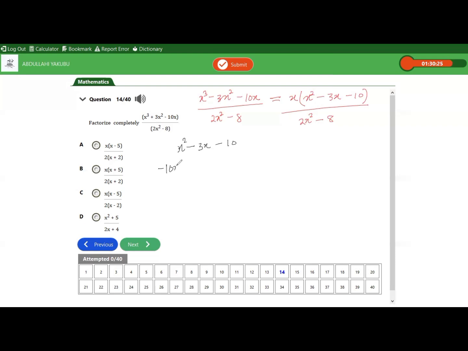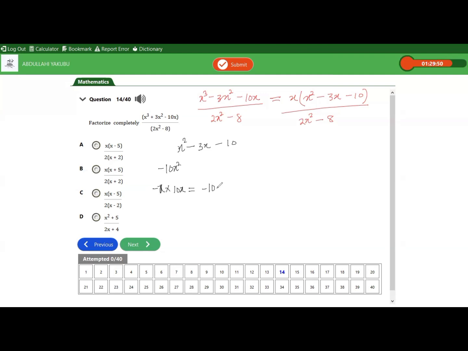Minus 10x squared. So I'll be looking for two integers which, if multiplied together, should give us minus 10x squared, but when you add them together, should give us minus 3x. So which numbers can do that magic? So you maybe say, okay, minus 1x times 10x gives us what?